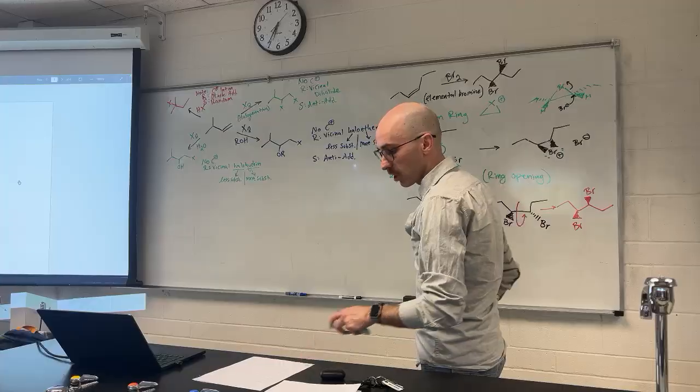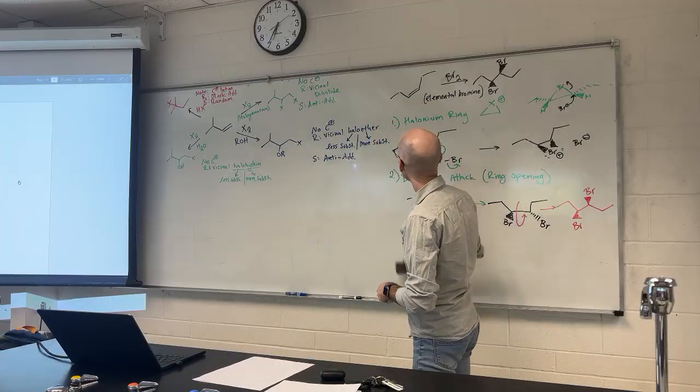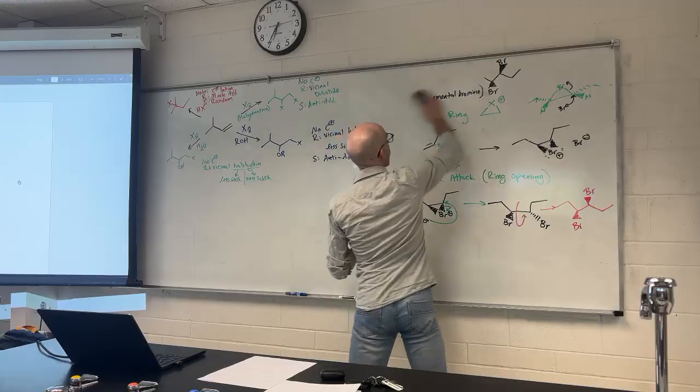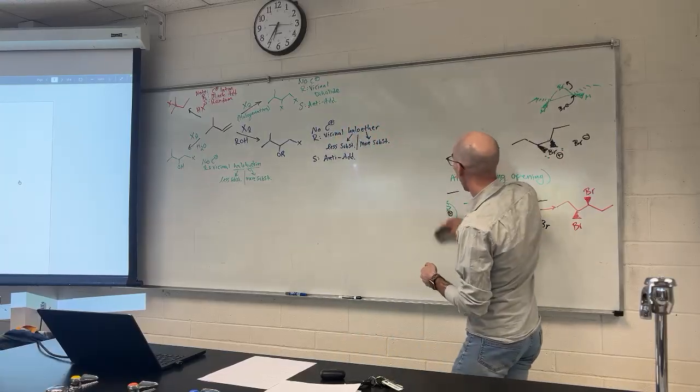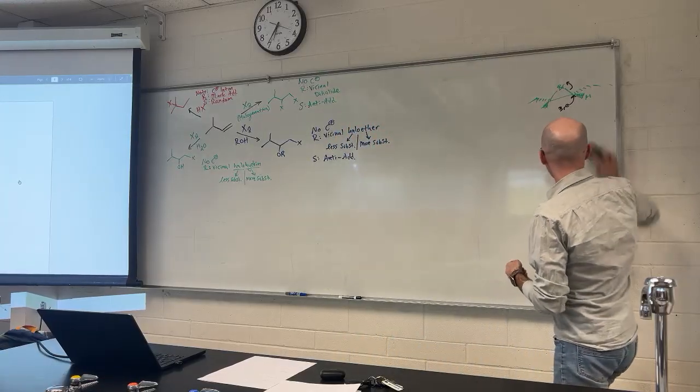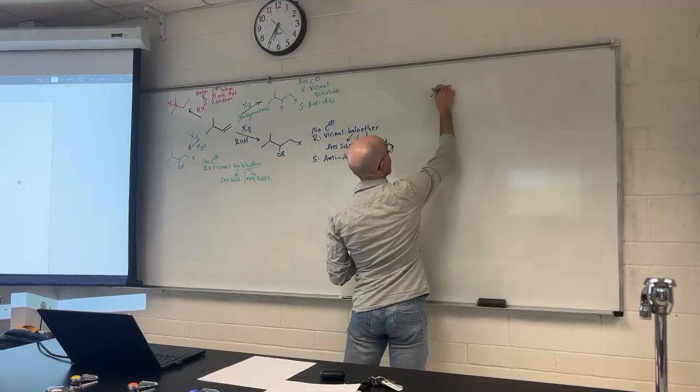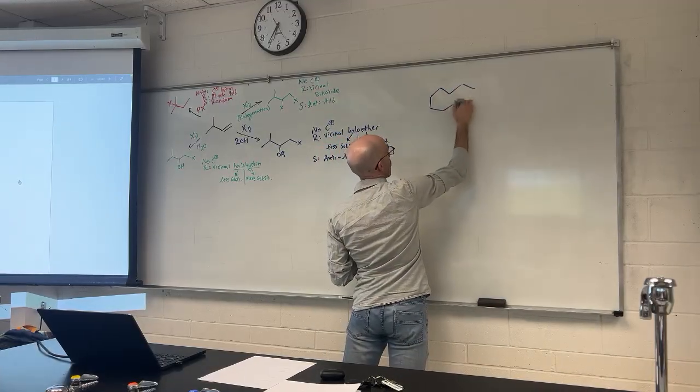Okay, let's go through the reaction on the left. What reagents do I need over the arrow to form that product? Go ahead and shout it out.